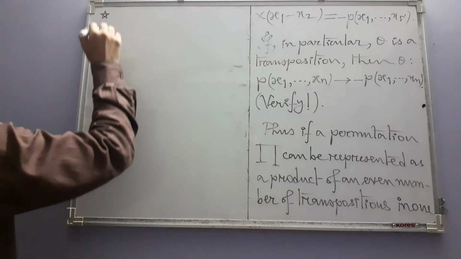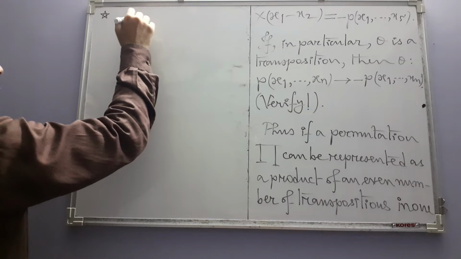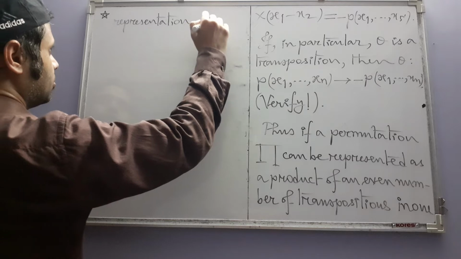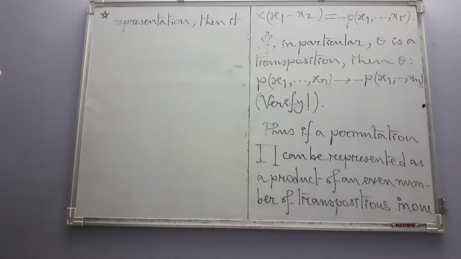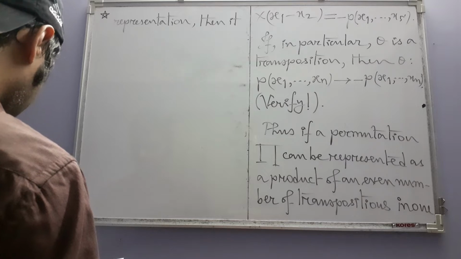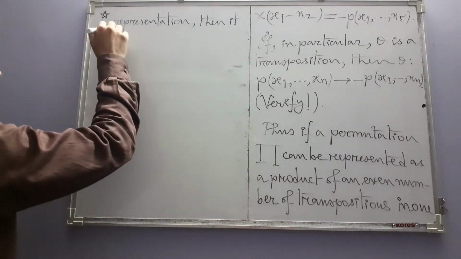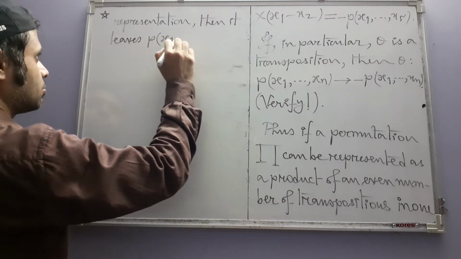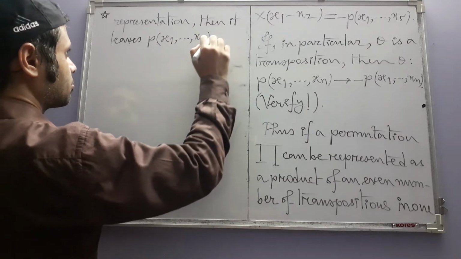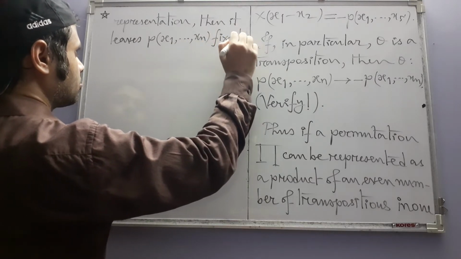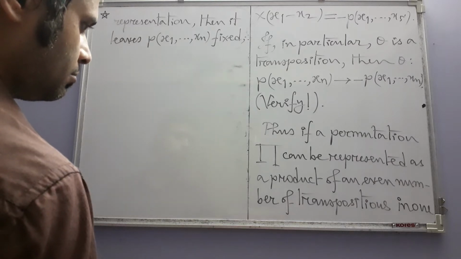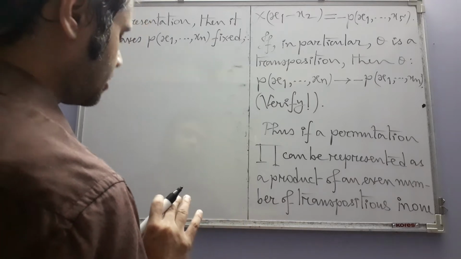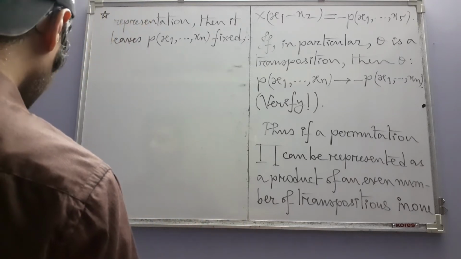In one representation, then it fixes P. It leaves P fixed. Same meaning. Thus, if a permutation Pi can be represented as a product of an even number of transpositions in one representation, then it leaves P fixed.